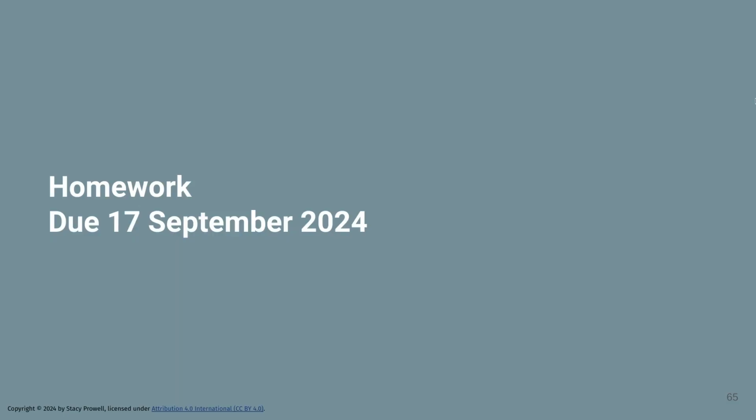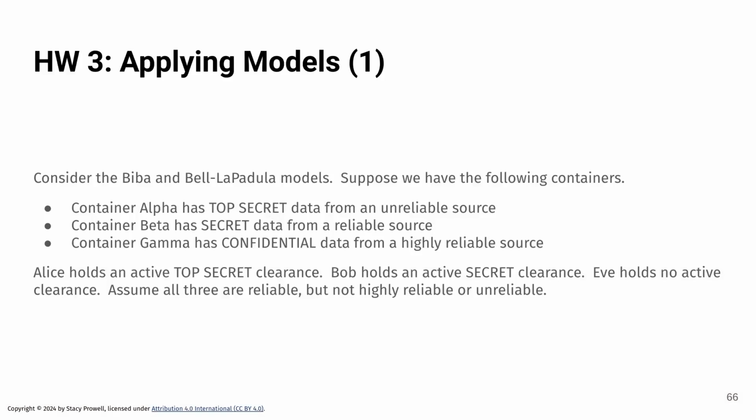There's homework due on Tuesday. The homework is to consider the Biba and Bell LaPadula models, just those two. And again, we have 3 containers. They have different levels of confidentiality, different levels of trust or integrity associated with them. And we have 3 subjects, Alice, Bob, and Eve.